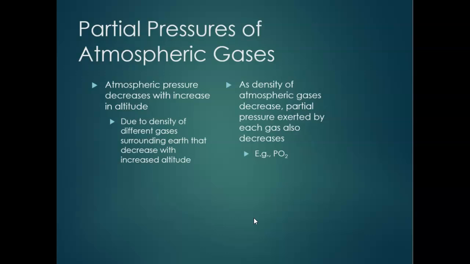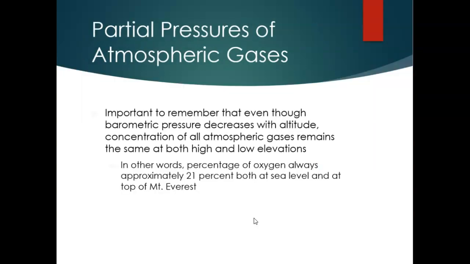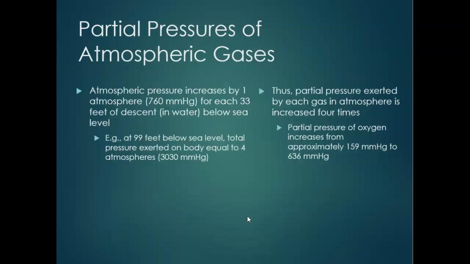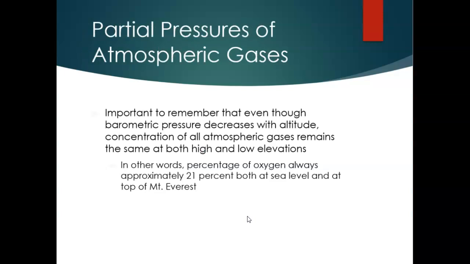So if we calculate that out, and we think about the percentage of oxygen always being 21%, both at sea level and at the top of Mount Everest, then we can calculate the partial pressures of both.